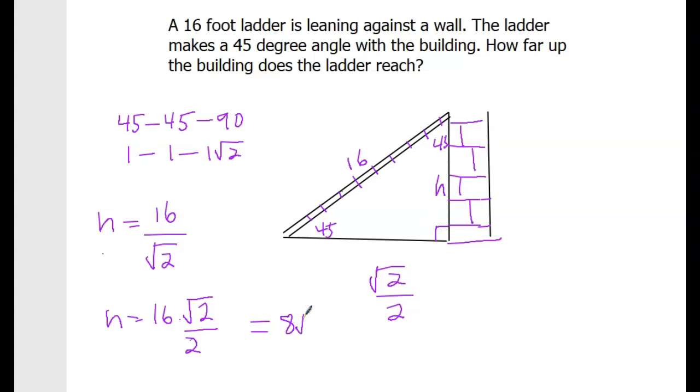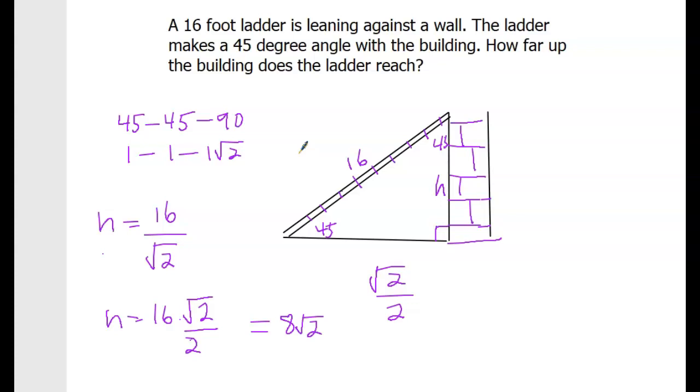So here 16 divided by 2 gives us 8 root 2. If you want, you can use your calculator to find square root of 2. Square root of 2 is about 1.4 something. And then you multiply by 8.